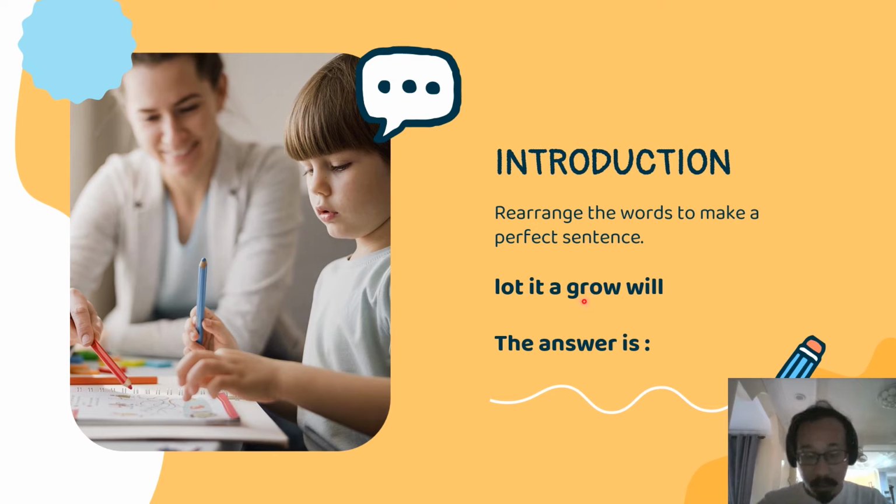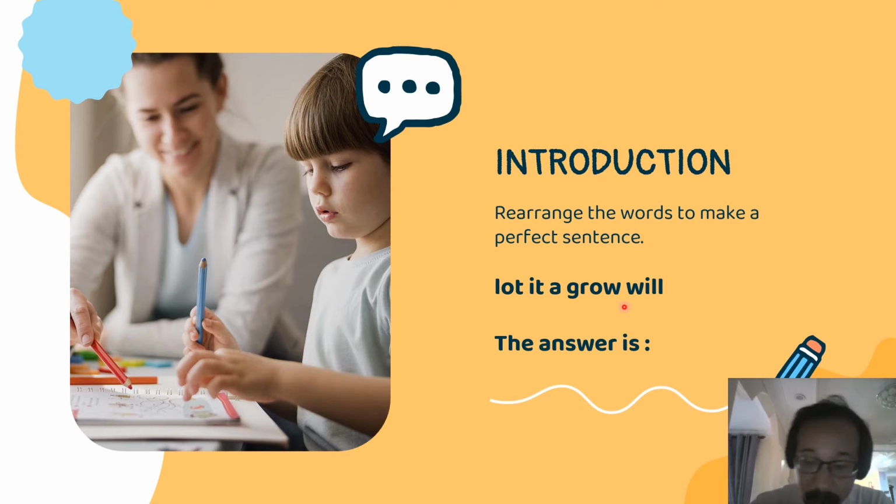Alright, a minute has passed. Now let's look at the 5 words. The 5 words are not, it, grow, and will. I'm going to start with the subject. You have to remember the subject verb rule. You need to have a subject at the beginning of your sentence.